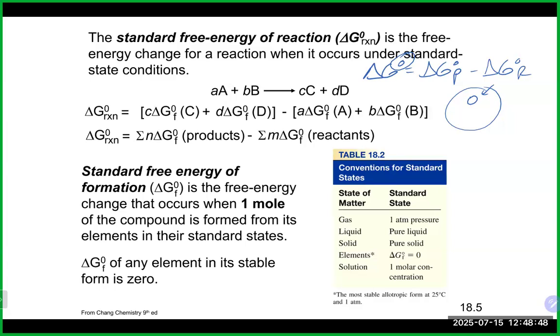But technically speaking, standard conditions are 1 atmosphere pressure and 1 molar concentrations. So usually if you go to the table and look up those values, you're calculating the delta G, for example, or the delta H or the delta S under standard conditions. And you oftentimes see that little circle or knot used as a result of that. Any questions on that there?